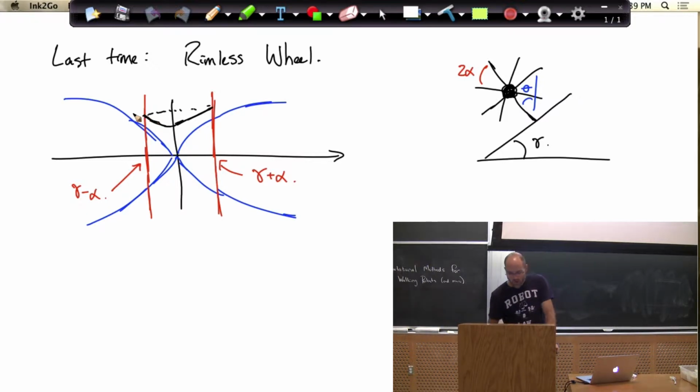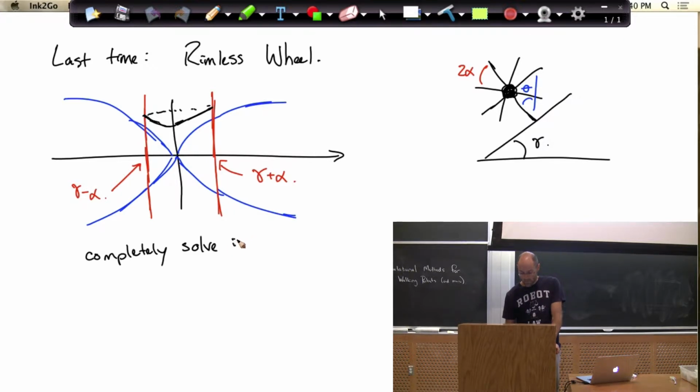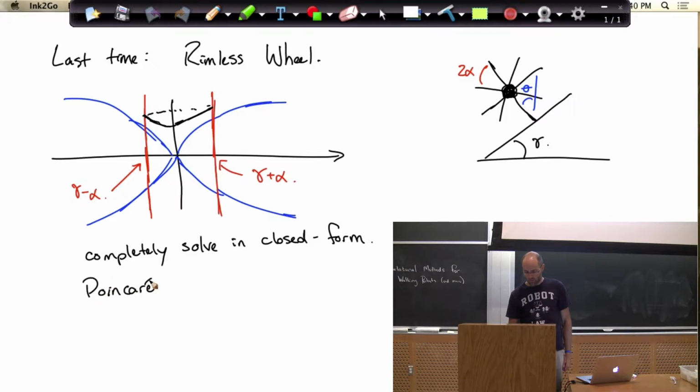Okay? So this was the one walking system that we could completely solve in closed form, right? For instance, one of the things we talked about was the ability to analyze the stability of a limit cycle by analyzing the stability of the Poincaré map, which was an n-1 dimensional map.